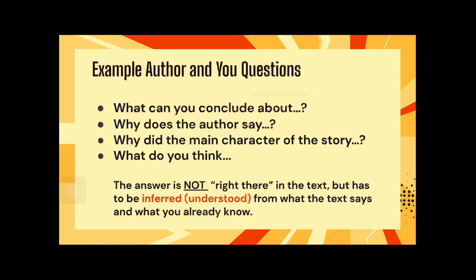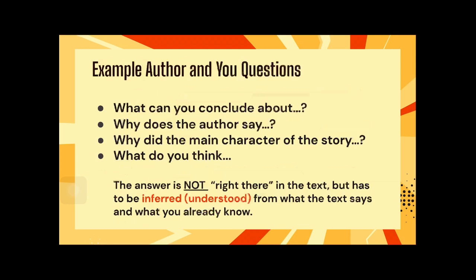What can you tell me based on that? Why does the author say? It's asking you to kind of guess the intention behind something. You're sort of reading the author's mind. So you're taking what the author said and adding what you already know about the world to answer it. What do you think? Blah is often an author and you question as well.